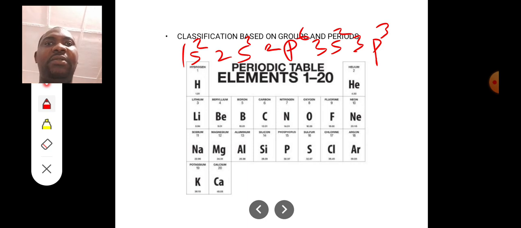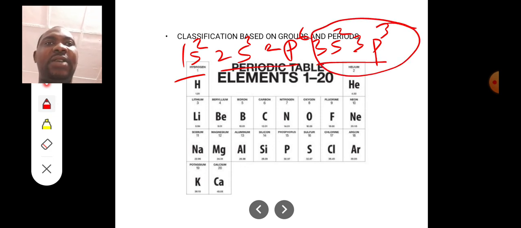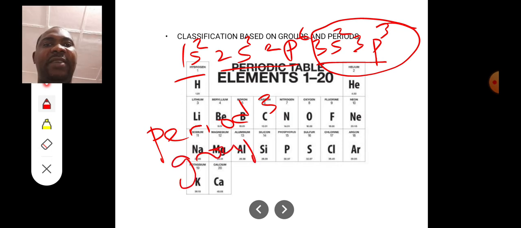What I will do is look for the outermost shell. 1 is the first shell, 2 is the second shell, 3 is the outermost shell. Shell 3 means that this element is in period 3. And in that period 3, how many electrons do we have? 5 electrons. That means it's in group 5.